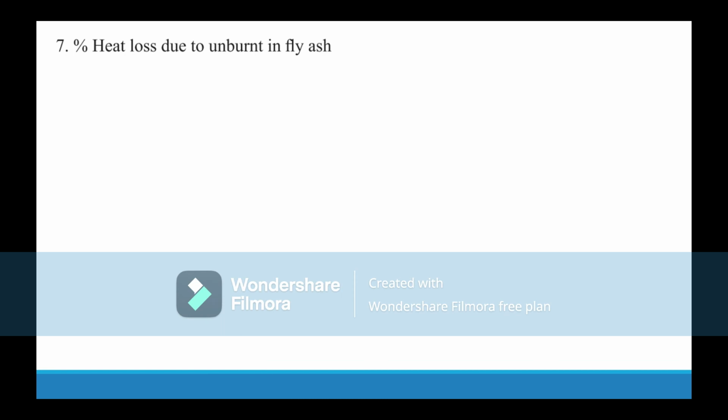And in that problem, the fuel is coal, which is solid. Therefore, another two losses are available, which are in the form of fly ash and bottom ash. The first one is heat loss due to unburned fly ash. The fly ash having low density, therefore it is passed away through the chimney. Well, in that coal, the ash percentage is 48%.